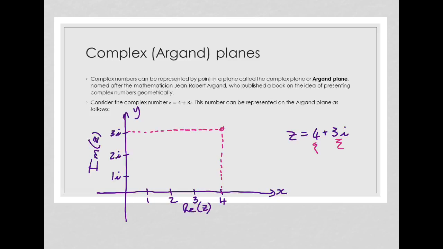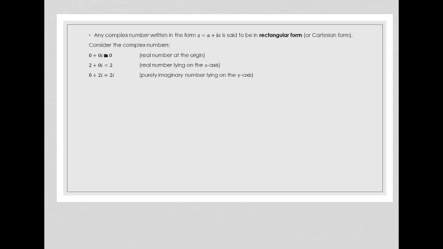So in other words, z is at the point (4, 3). Any complex number written in the form z equal to a plus bi is said to be in rectangular form or Cartesian form. Consider the complex numbers.